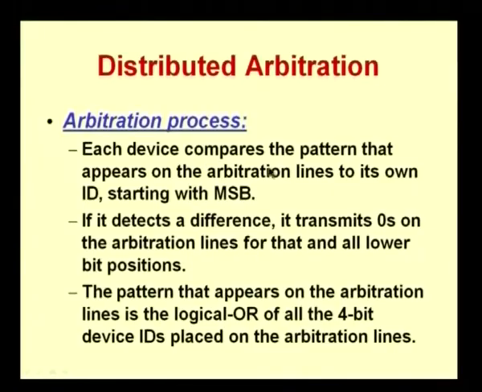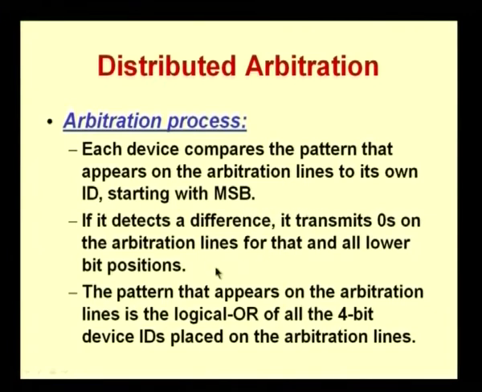So, the way the arbitration process works is like this. Each device will compare the pattern that appears on the arbitration lines with its own ID, starting from the MSB, which is the most significant bit. If it detects a difference at a particular bit position, then it will transmit zeros on the arbitration lines for that and all lower bit positions. That is, at a particular position where it detects a difference, from that position onwards it will transmit zeros on the arbitration lines.